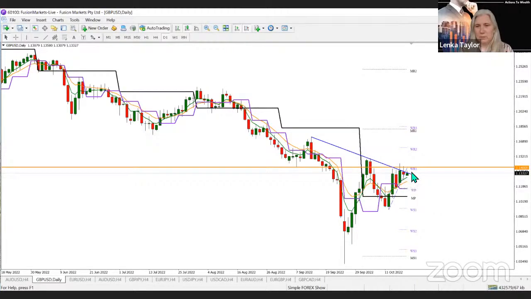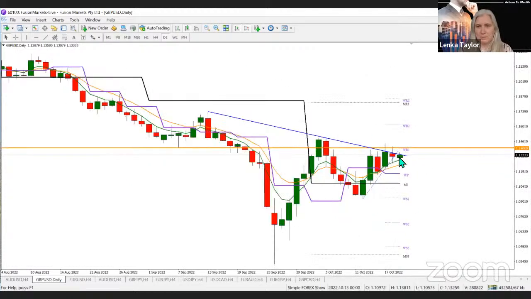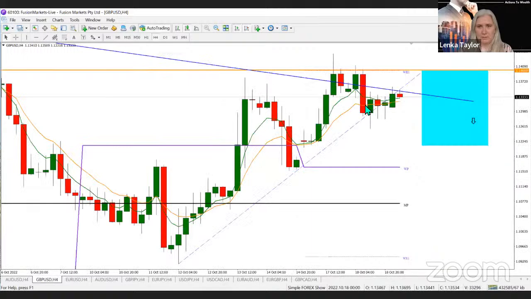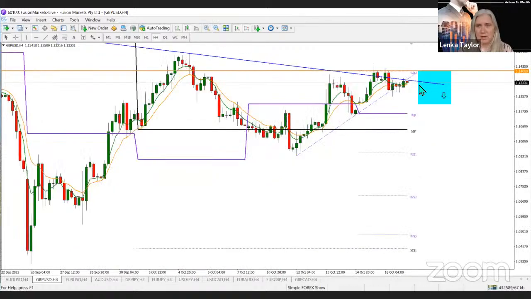So I'm looking for another either pushback from that level or false break. At the moment, there is indecision, so the bars are just going sideways. So I'm looking for price action on the 4-hour time frame that will show the decision of the direction.